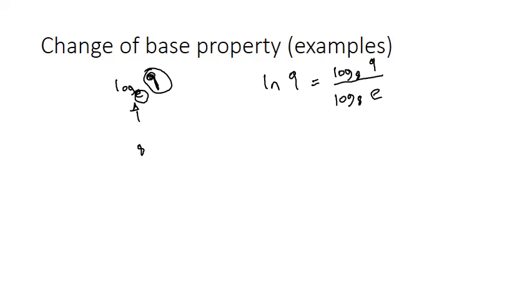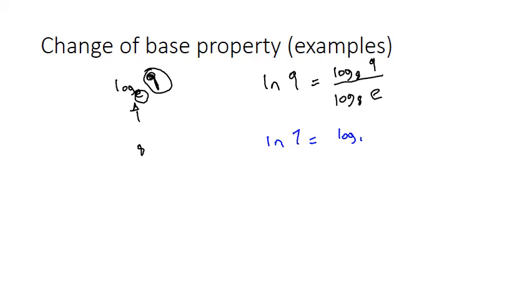So let's say that you were to try one on your own. Try to apply the change of base formula to the natural log of 7. See what you'd come up with. Let's say that we want to change the base to 4.